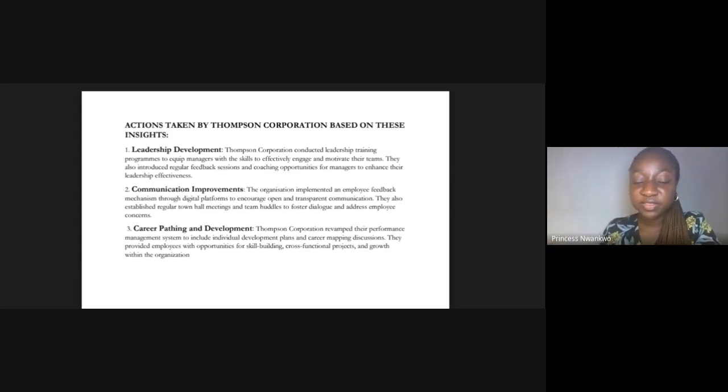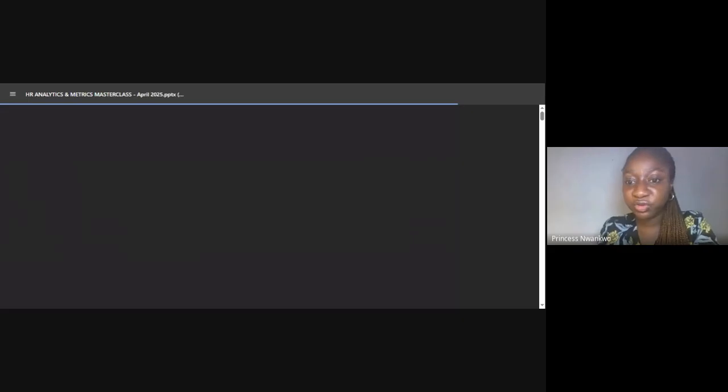And regarding career pathing and development, they revamped their performance management system to include individual development plans and career mapping discussions. I think, to be honest, everything that we have, we have all touched on already. So thank you so much, everyone, for your contributions.